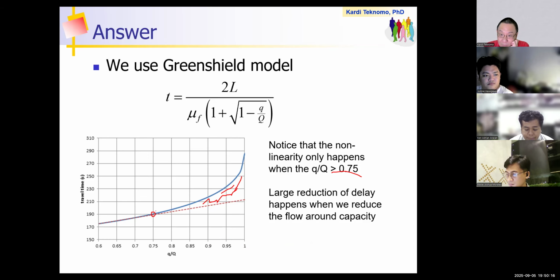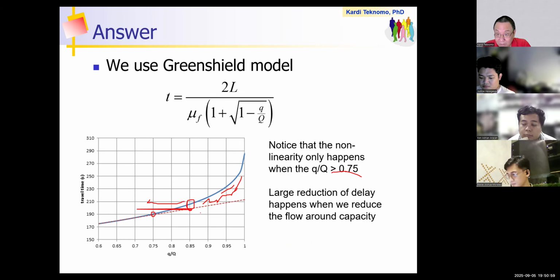So the travel time is nonlinear with respect to congestion. Suppose you are here at 0.85. If you can reduce the congestion by just 20%, say it becomes 0.6, for example, then suddenly the congestion disappears.